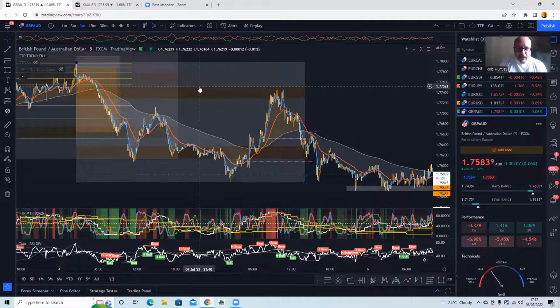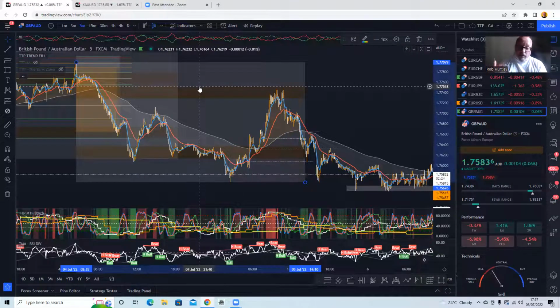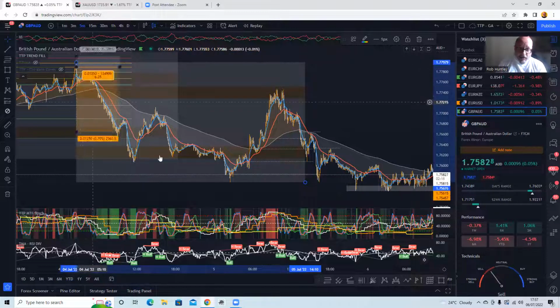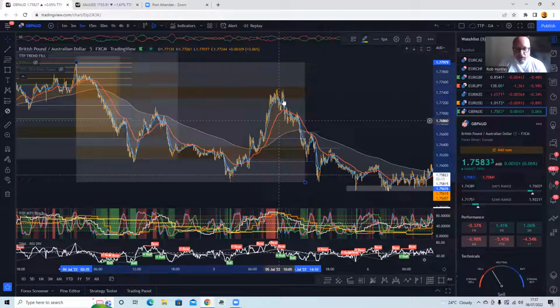This one I've just called 2378 because it's the 0.2, 0.3, 0.7, 0.8, and obviously the 0 and the 1 as well. You're just drawing from the swing high down to the swing low, which creates that zone, and then it's down to you however you want to trade it. If you want to trade it all the way down, or just scalp some of the moves on the way down, up to you.